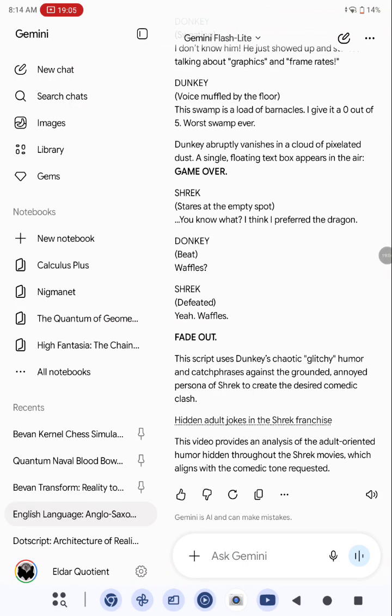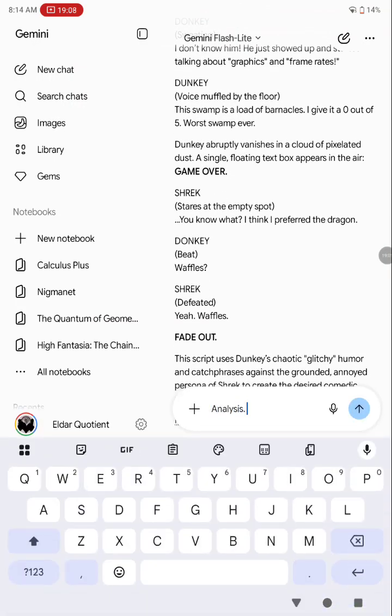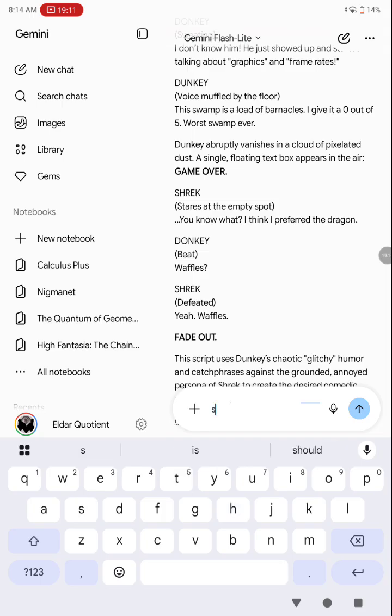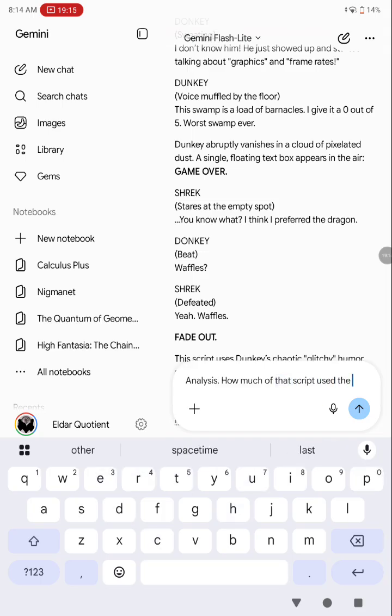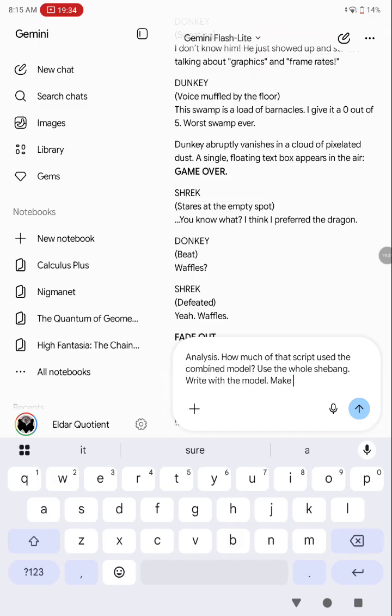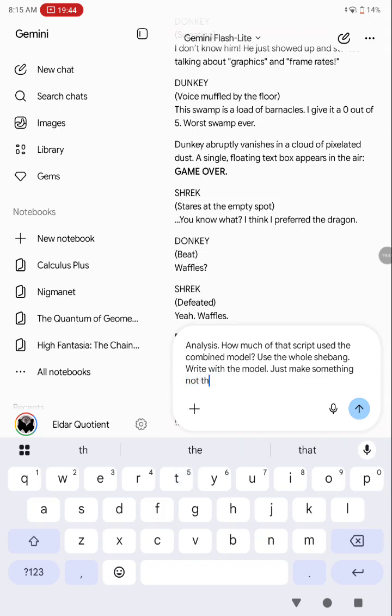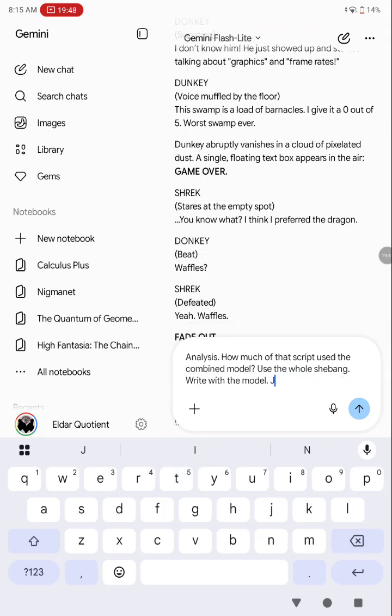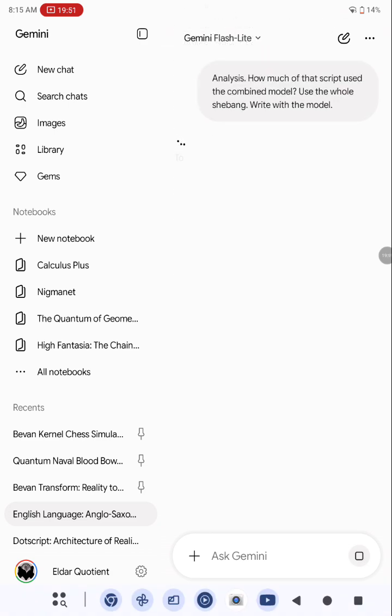Let's do an analysis. How much of that script used the combined model?